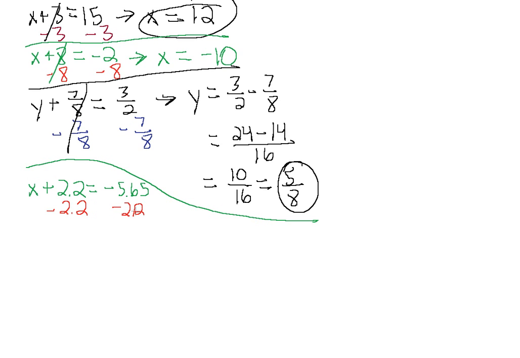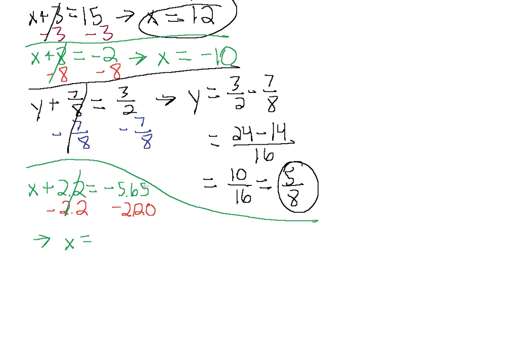Now, when we're adding and subtracting decimals, we want to make sure our decimals line up. So for our 2.2, let's put the 0 right here just so we don't get confused and we don't miss anything. This cancels out, leaving just x on this side.